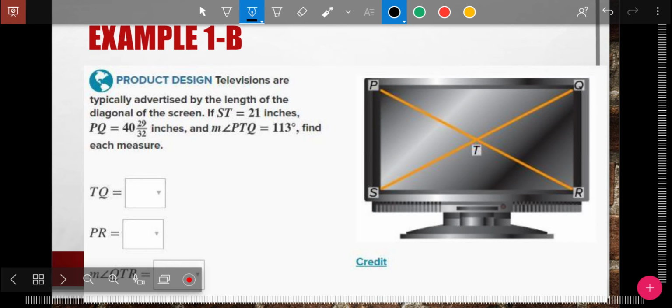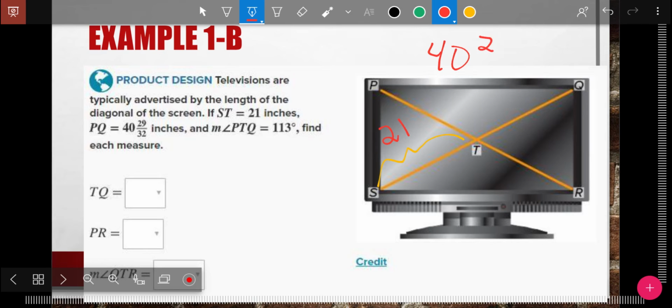Televisions are advertised by the length of the diagonal screen. ST, right here, is 21. PQ up here is 40.